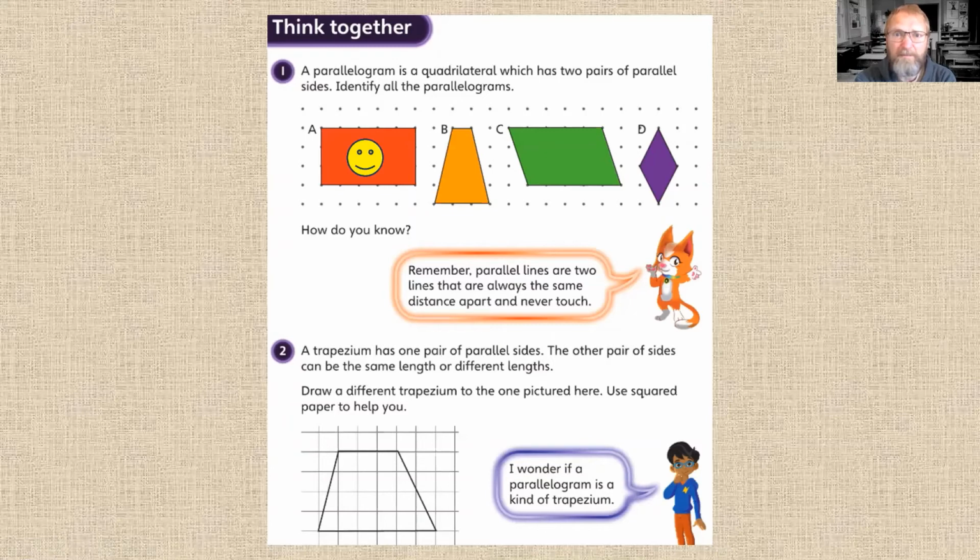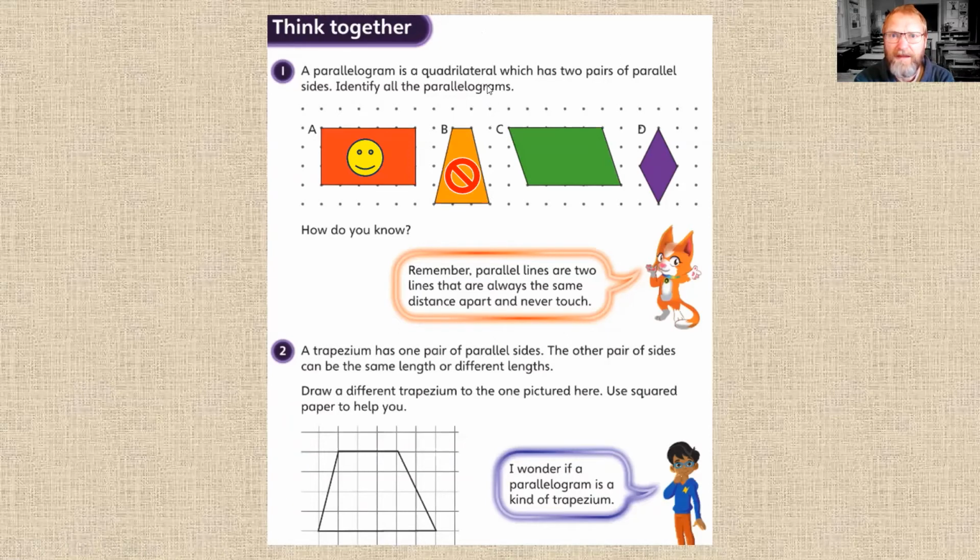Now, if we have a look at B, the top and the bottom lines, yes, they are parallel. But if we look at the sides, what would happen if we continue to draw them? They would cross over. So shape B is not a parallelogram, even though it does have 1 set of parallel sides.